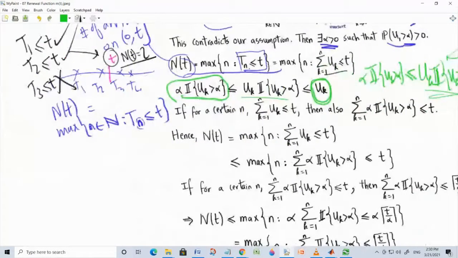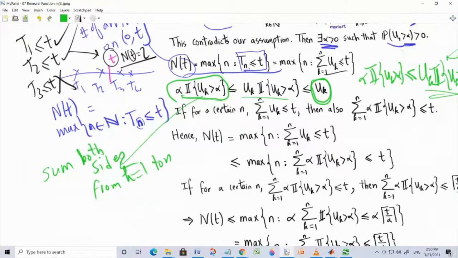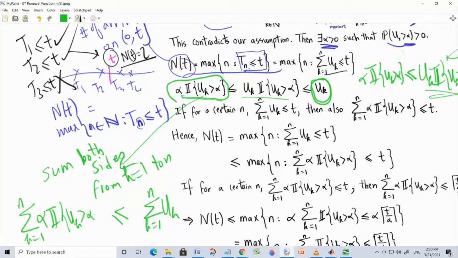From this inequality, sum both sides from k equals 1 to n. So the summation from k equals 1 to n of U_k is greater than or equal to the summation from k equals 1 to n of alpha times the indicator of U_k greater than alpha.